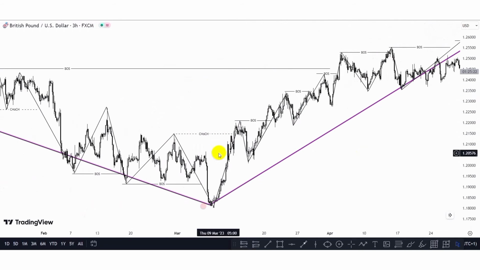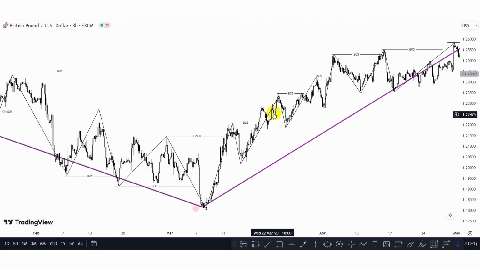So you can see in the case where you miss entry from this particular pullback that returned, since you already know that now within the lower time frame, the market has realigned itself to the major market structure in the daily time frame, which is bullish, you'll be anticipating to receive the pullback to enable you take an entry, and then you continue with price, because now price has aligned with the major market structure.